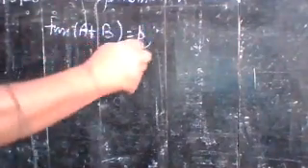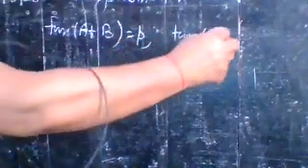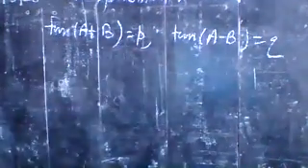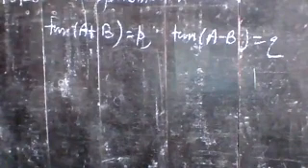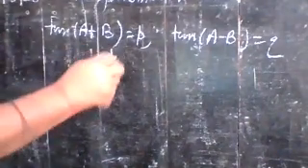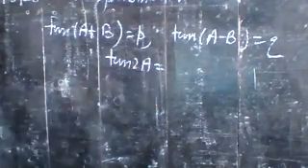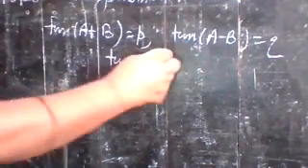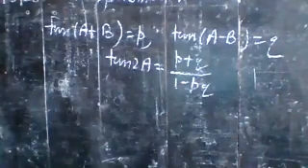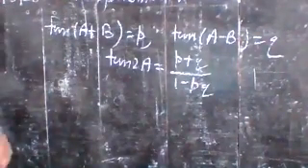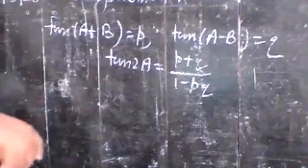If tan(a + b) is equal to p and tan(a − b) is equal to q, then prove that tan 2a is equal to (p + q) upon (1 − pq).